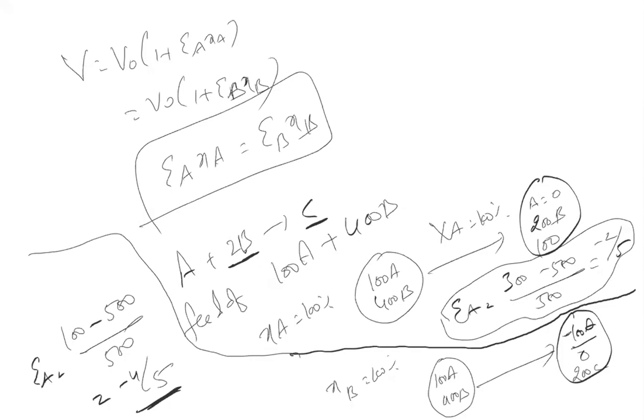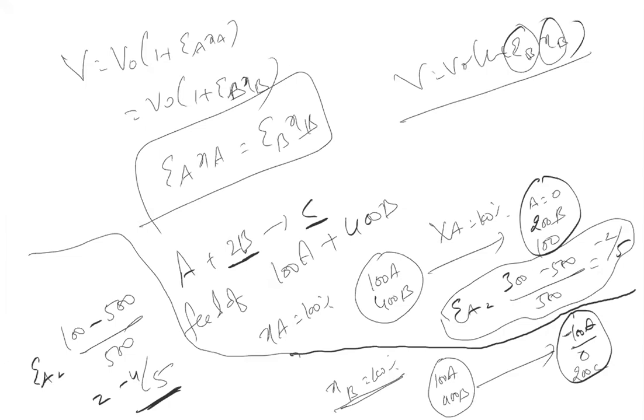EA everybody understands. How do you write EB? V equal to V naught into 1 plus EB XB. Correct. When do you find EB? When XB becomes 1, no? So when XB becomes 100%, I took 100 and 400 B. Now for 400 B to convert, how many A is required? 200 A is required as per the reaction.